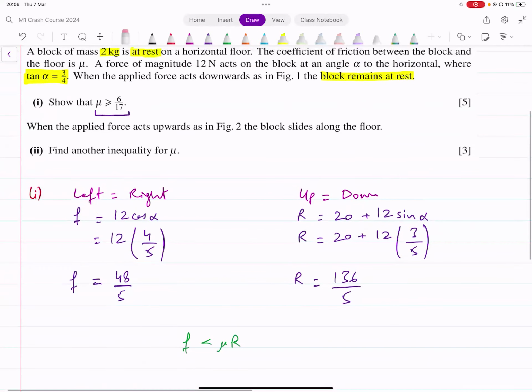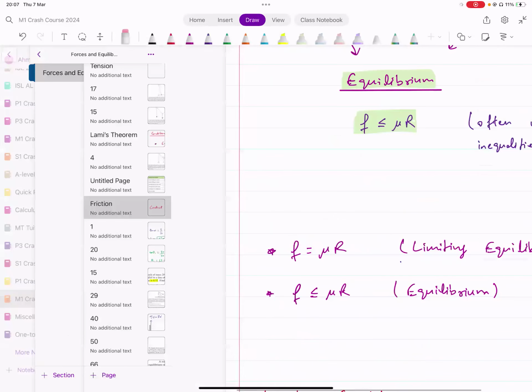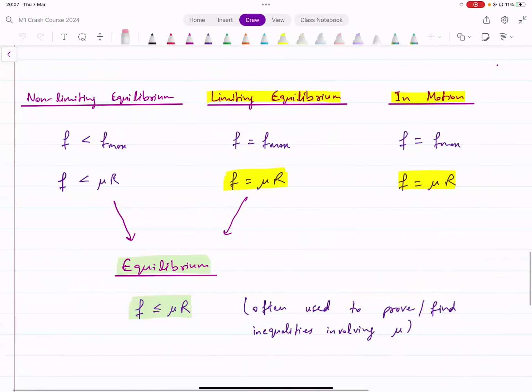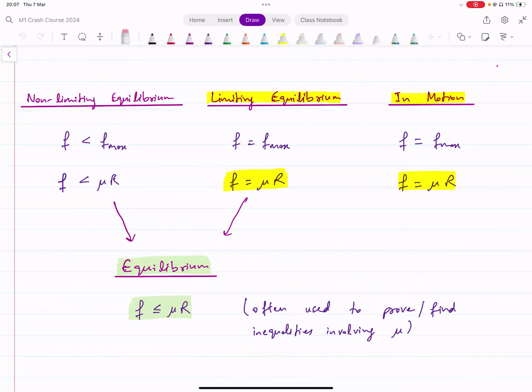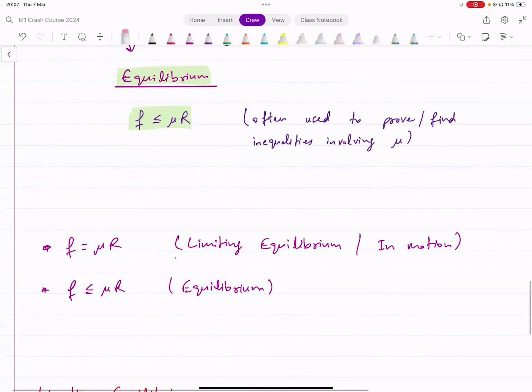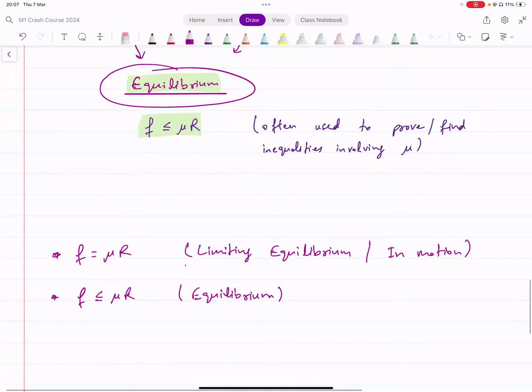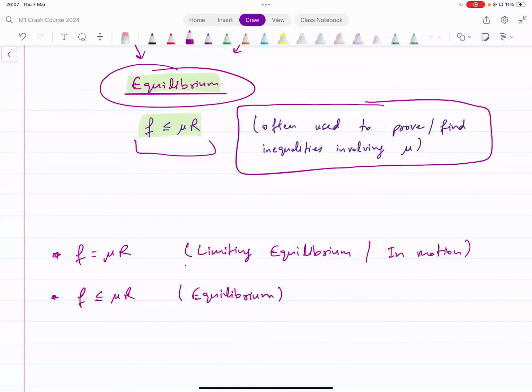Yeah. So remember this. When we discussed friction, I told you that we're going to have these three cases: non-limiting equilibrium, limiting equilibrium, or in motion. When we combine the first two cases, we get this thing, that if you have equilibrium, then you can say F is either less than or equal to mu R. And I mentioned it there as well, that it's often used to prove inequalities involving mu. And that's one type of question that I was talking about there.